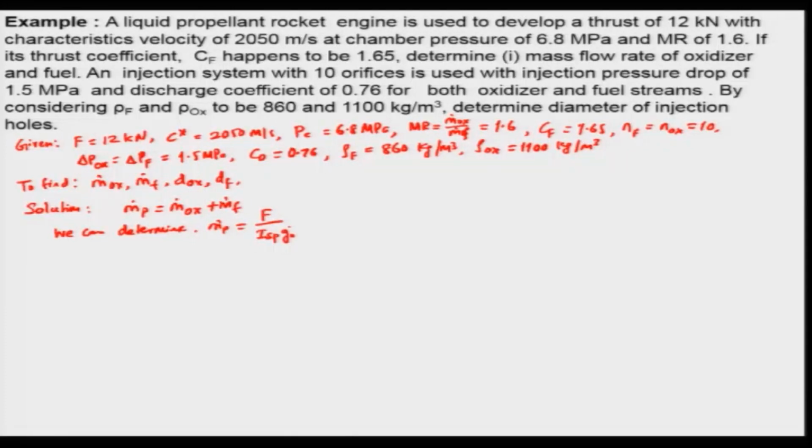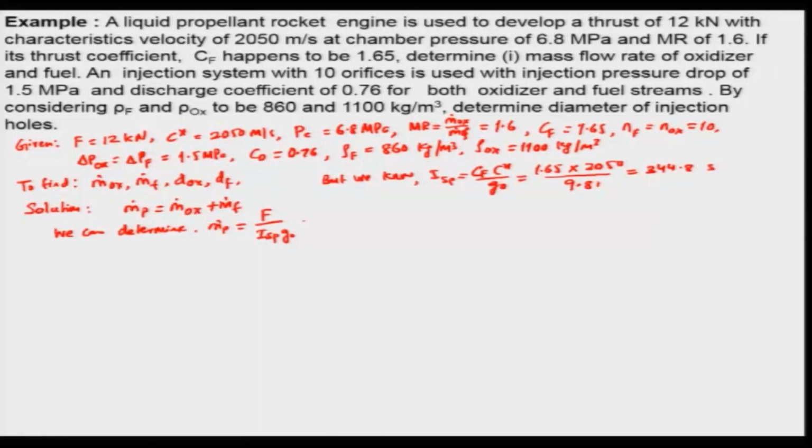Isp is not given, g naught we know, F we know, but Isp I can find from Cf C star by g naught. Cf is given, 1.65, and C star is given, 2050, divided by 9.81, and that gives 344.8 seconds.